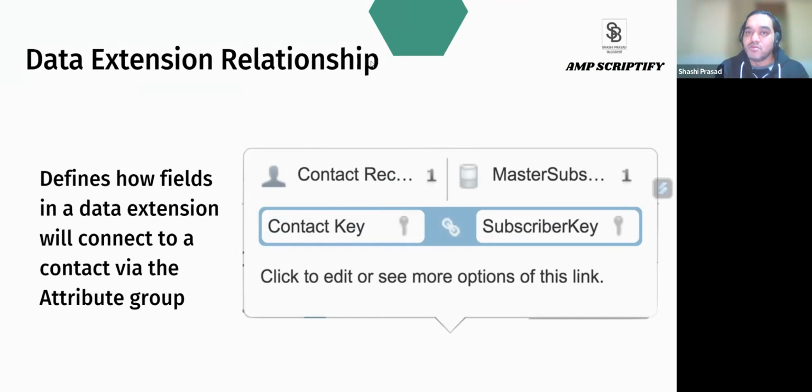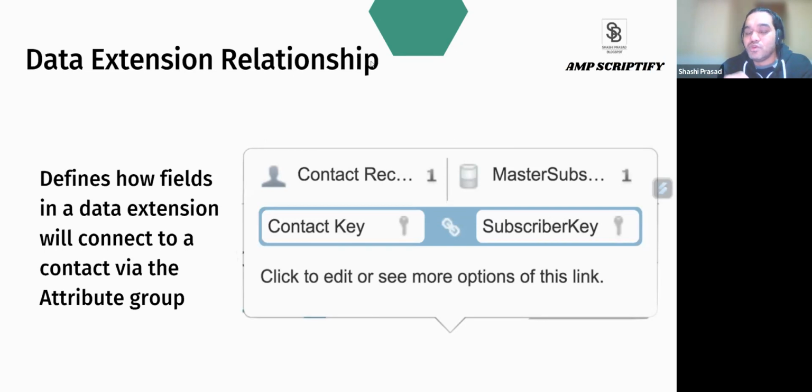But in a very precise way, when you are configuring your attribute group in the data designer, people always fall back to contact key, because contact ID is a system-generated ID. So you have to pull all the contact IDs and then maintain them in the data relationship. Contact key is a much better option.